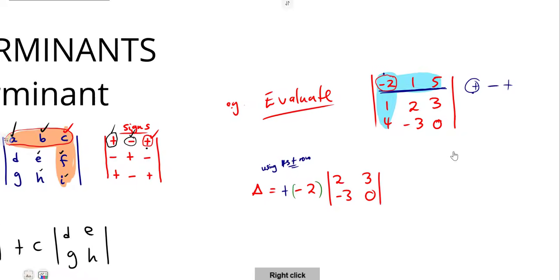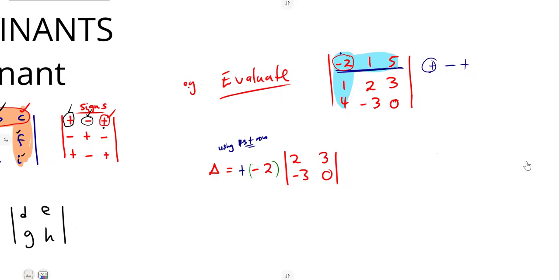All right. So since we are using the first row, let us move on to the next term in that first row. In the first row, the following term is what? 1. That's the next element.